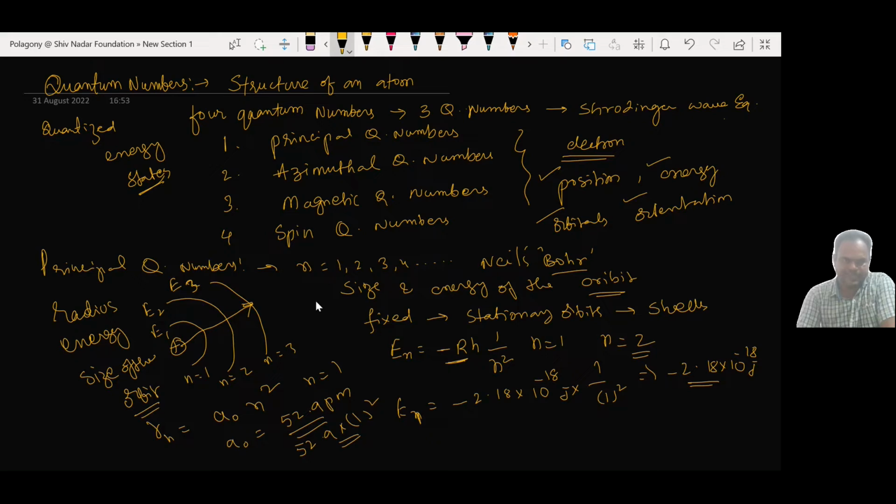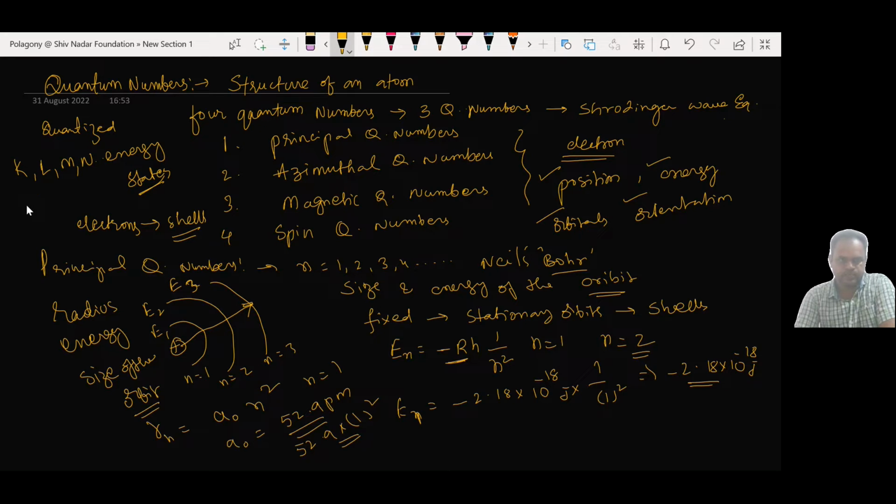Apart from radius, energy and size, the principal quantum number tells how many electrons can be accommodated in each shell. These shells are indicated with K, L, M, N, and so on.